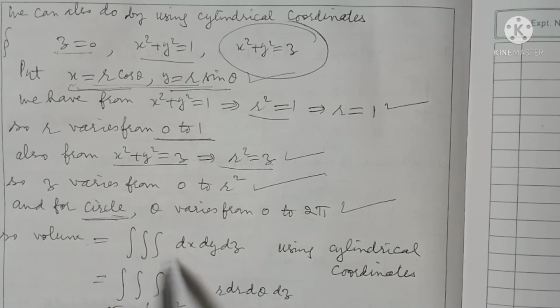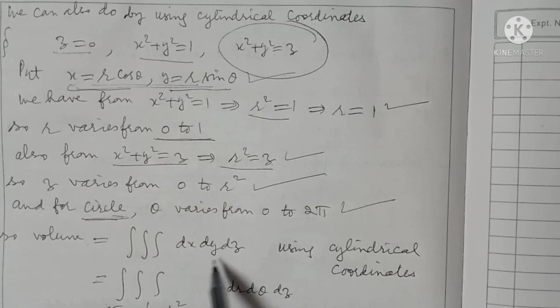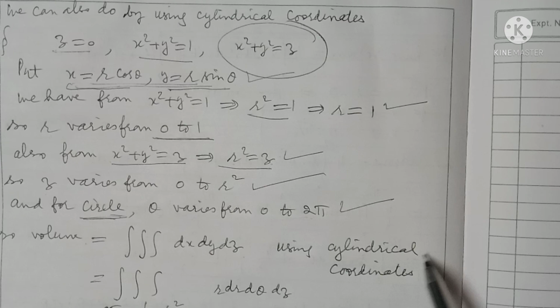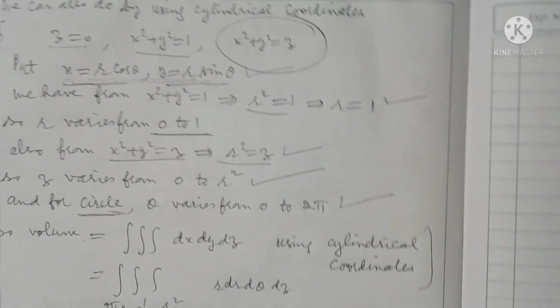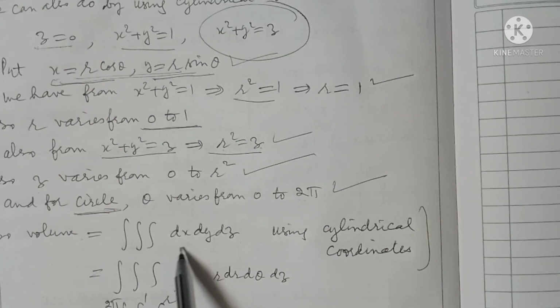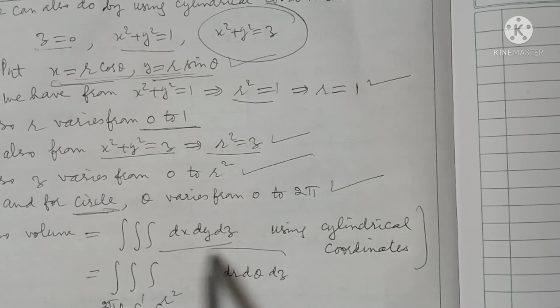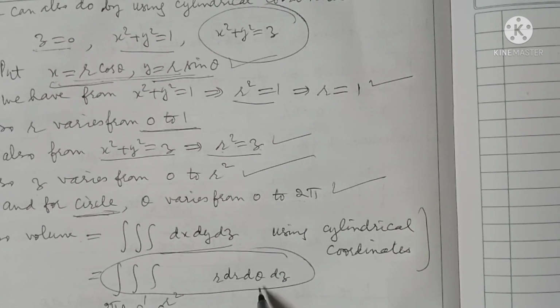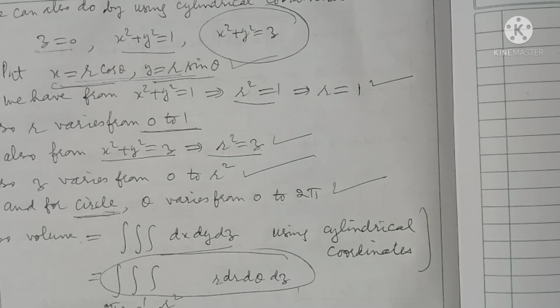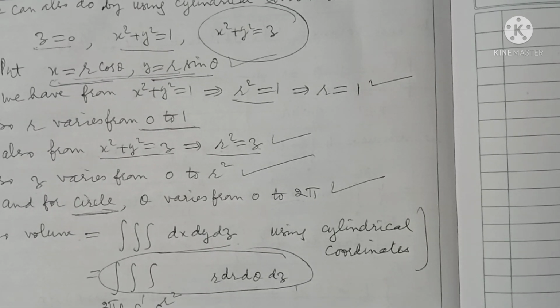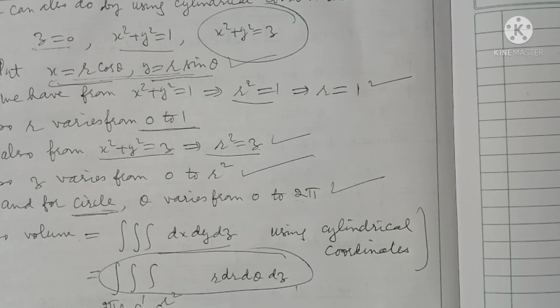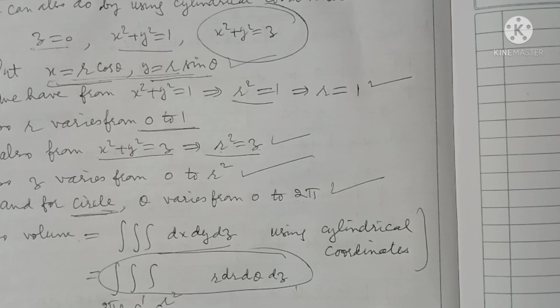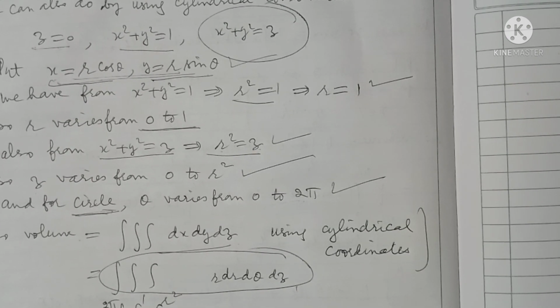So the volume again will be triple integral dx dy dz. Using cylindrical coordinate system, we can easily convert this integral into this integral. This is triple integral r dr d theta dz. So just integrate with respect to first z, because z is having variable limits in terms of r.